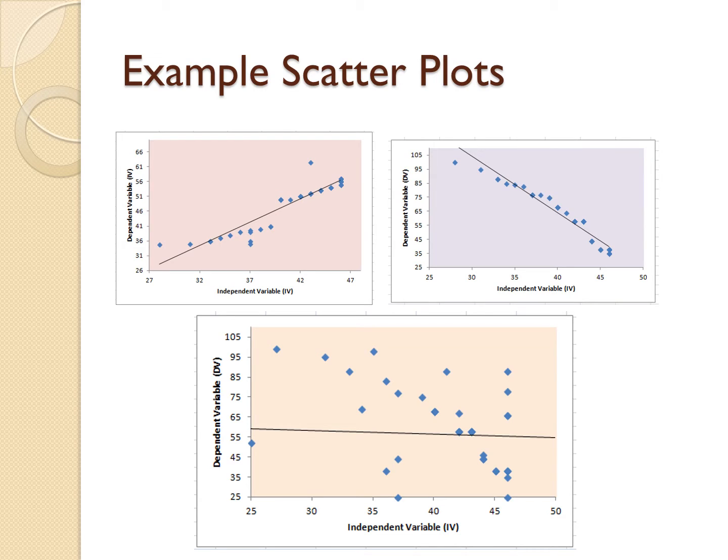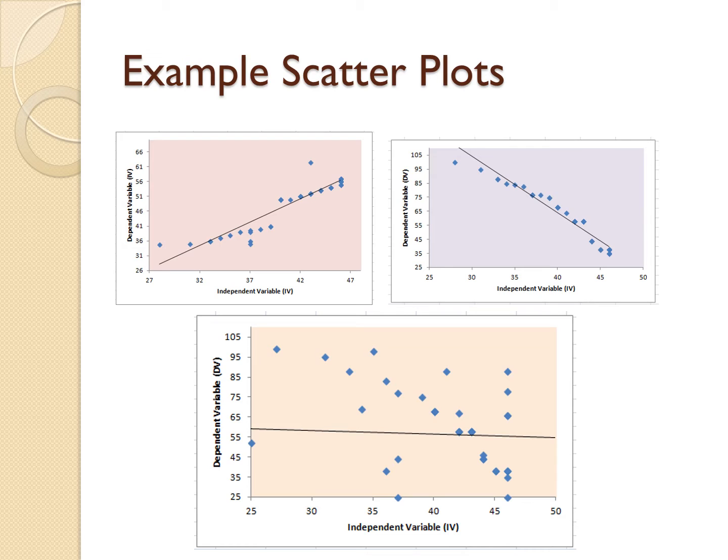Here is an example of scatter plots. By visually looking at the plots, one can tell the relationship between the dependent variable and the independent variable. The pattern of the data is indicative of the type of the relationship between the two variables. We can see that in the first plot, there is a positive relationship, meaning that as the independent variable increases, the value of the dependent variable also increases.